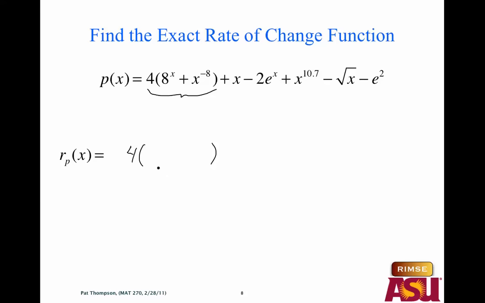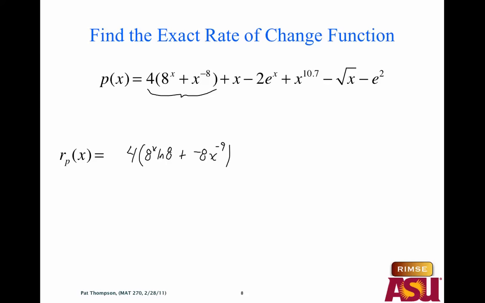So a to the x, its rate of change is a to the x times ln of 8. Plus, what's the structure of the next term? What rule will we use? Power rule. So it will be negative 8x to the power of... Okay, so it's not negative 7. It's not one closer to 0. It's literally 1 less always. So if it's negative, it gets more negative.